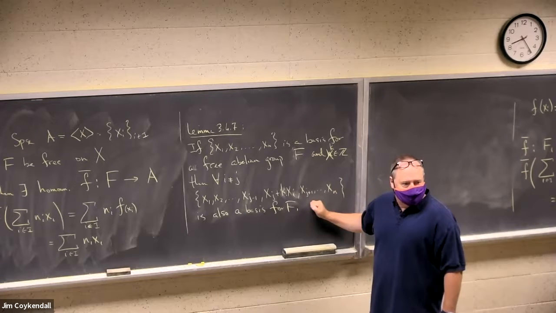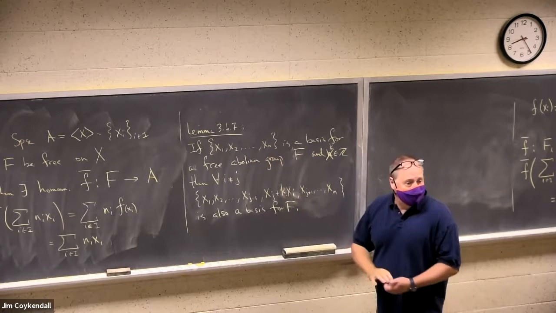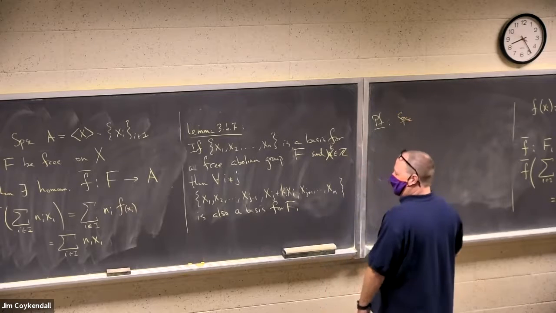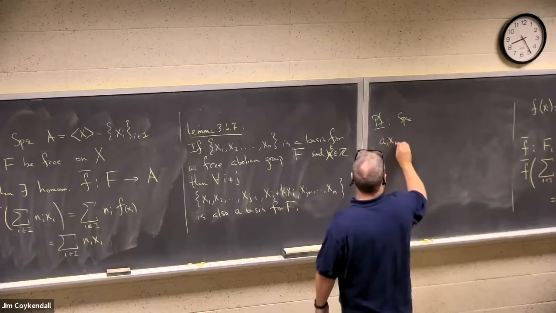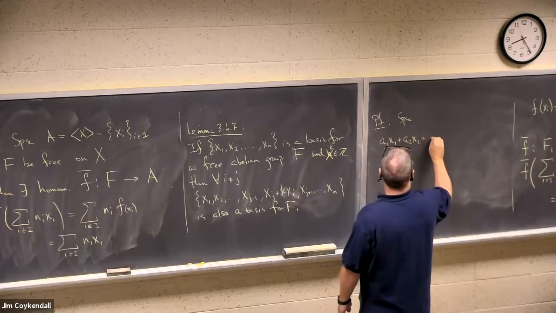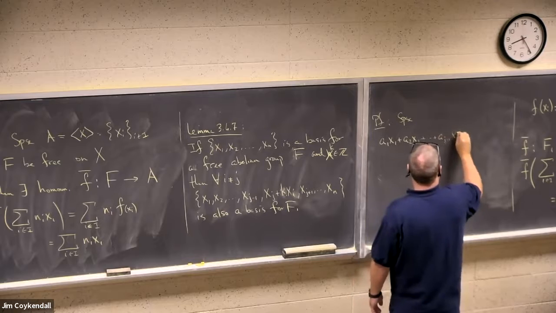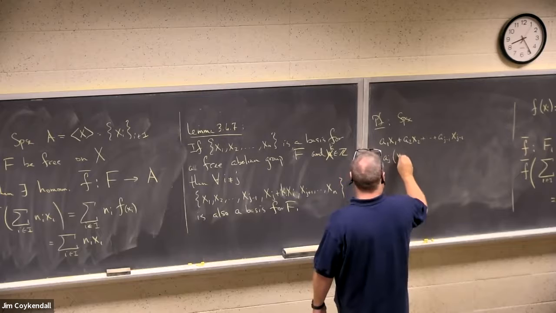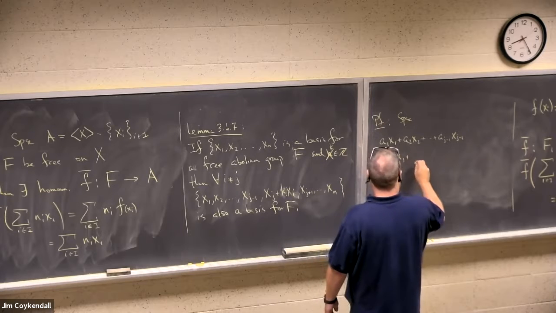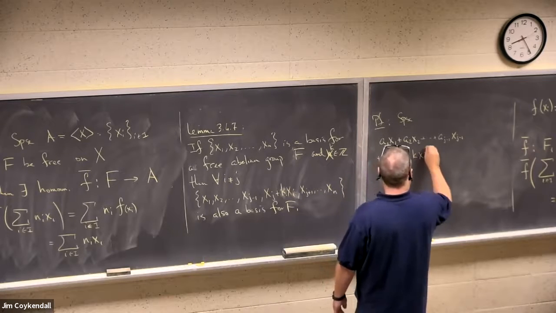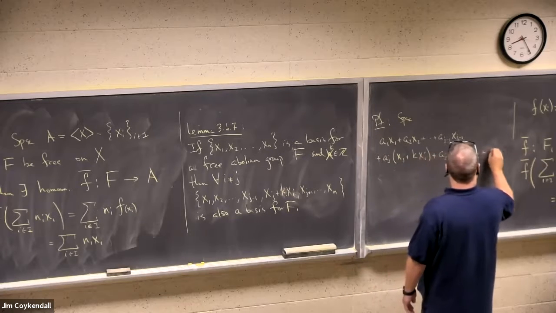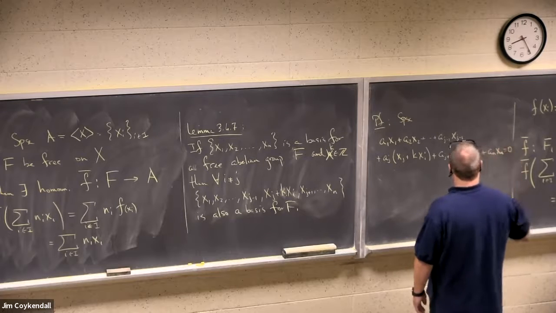Okay, we've got to show two things. We've got to show this is linearly independent, and we've got to show that it spans the original F. So, suppose A1 X1 plus A2 X2 plus ... plus Aj-1 Xj-1 plus Aj (Xj plus k Xi) plus Aj+1 Xj+1 plus ... plus An Xn equals 0.